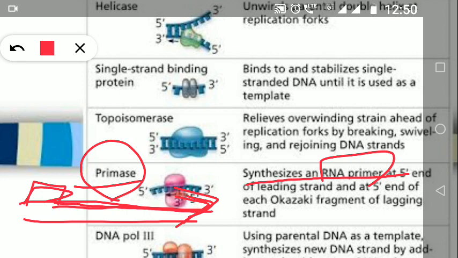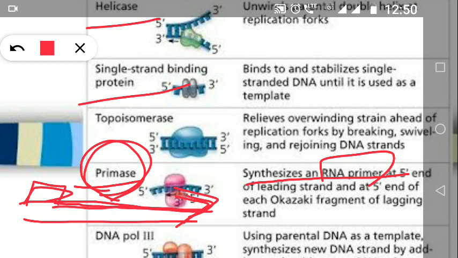Okay, so in the initiation we require helicase for the unwinding of double stranded DNA, and single stranded binding protein to stabilize the unwound single stranded DNA molecules. The third one is RNA primase to synthesize RNA primers, which can only be extended by the DNA polymerase.